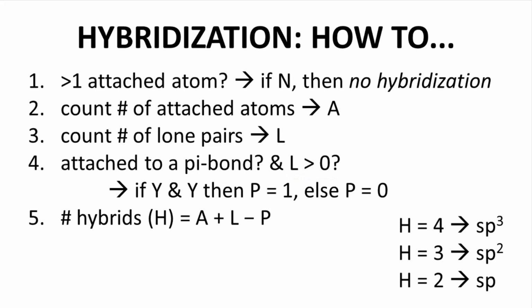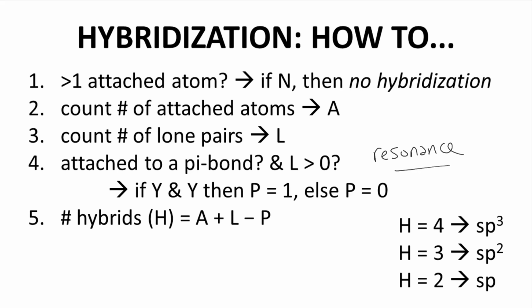If the answer to both these questions is yes, then P equals 1. Otherwise, P equals 0. This fourth step may cause some questions, and you don't normally see it in many textbooks. This step is important for proper accommodation of an idea called resonance, which most students won't encounter in high school or even in college general chemistry.